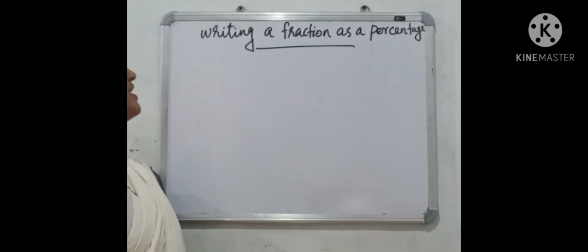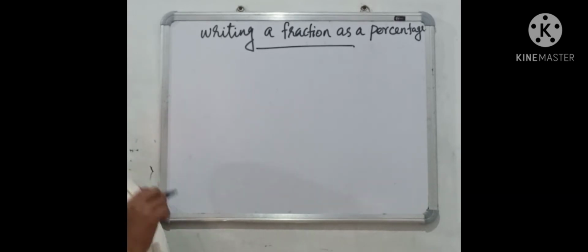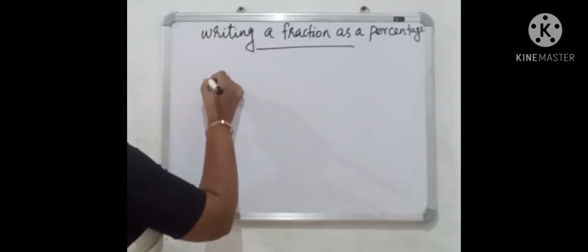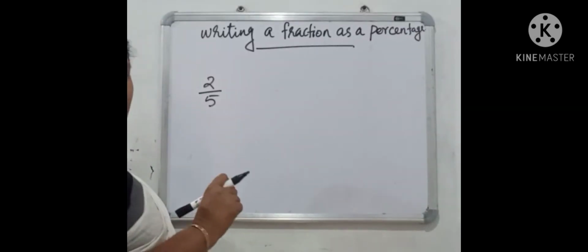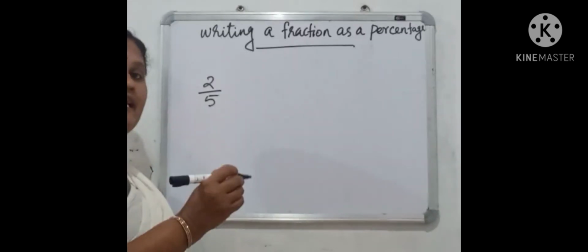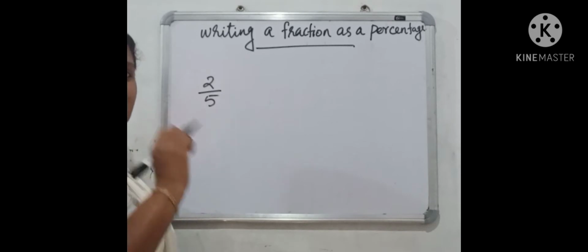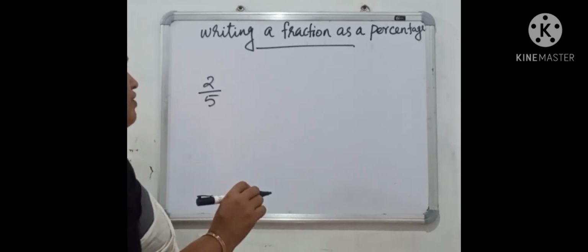Okay. Next, writing a fraction as a percentage. Consider a situation. 2 by 5 of the students in a class speak Hindi at home. That means 2 out of every 5 students speak Hindi at home. To convert this into percentage, or to find how much percentage of the students in the class speak Hindi at home, what do we have to do?